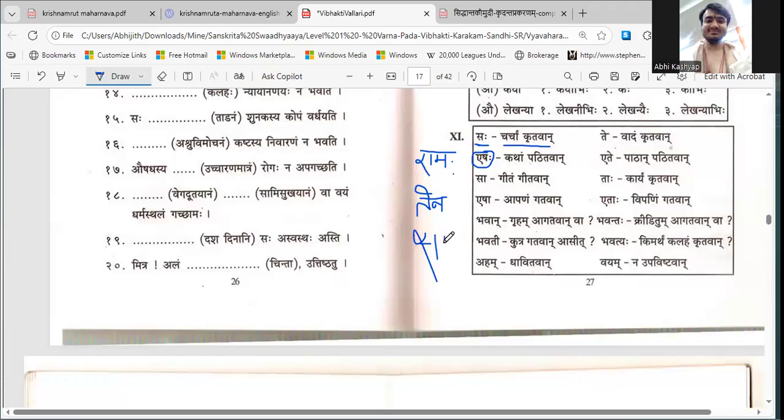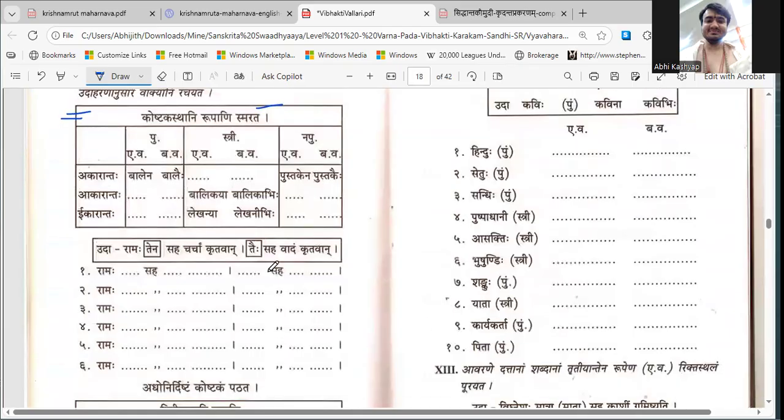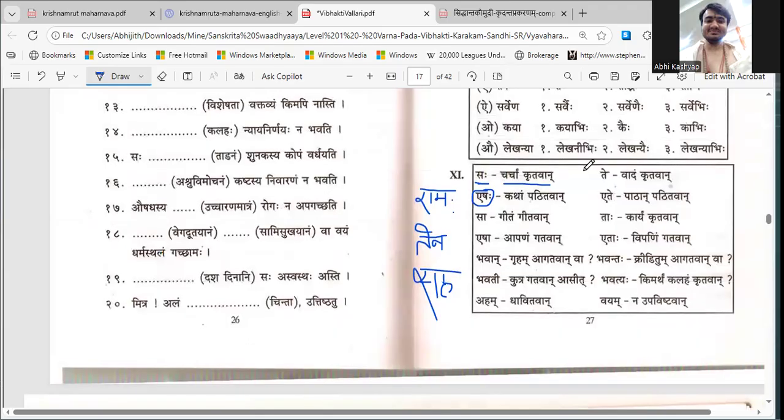Saha, with. This saha means with. Okay. So Ramaha etena saha katham pathitavan. Okay. Then can we start solving this now? That is what they are doing. Okay. Now there are two parts. They have two parts.